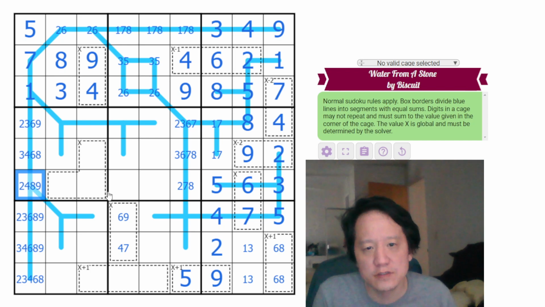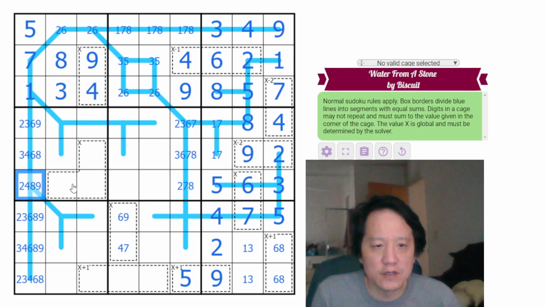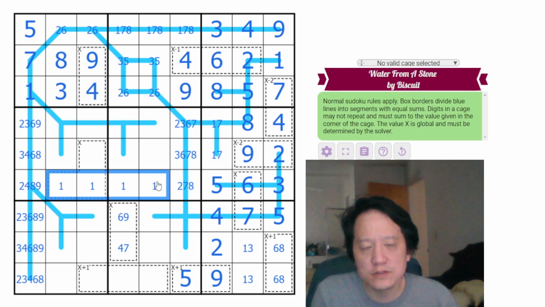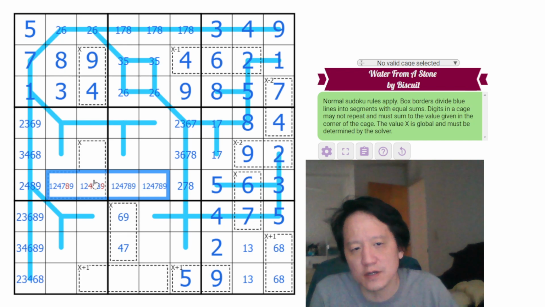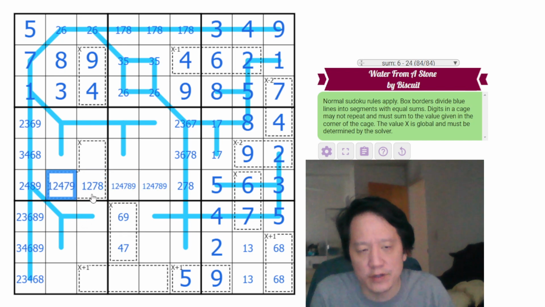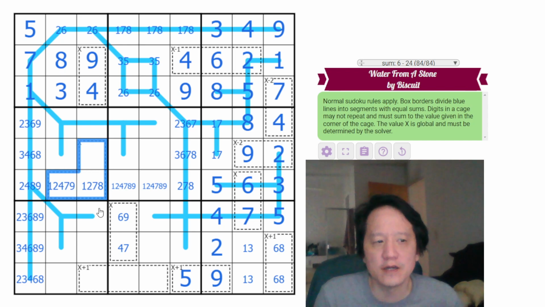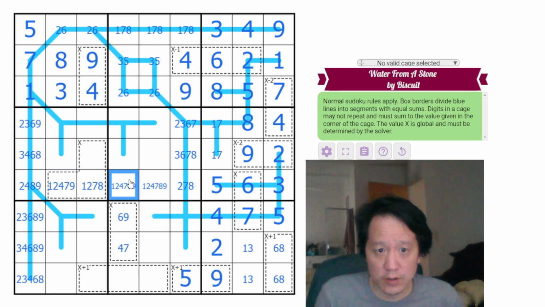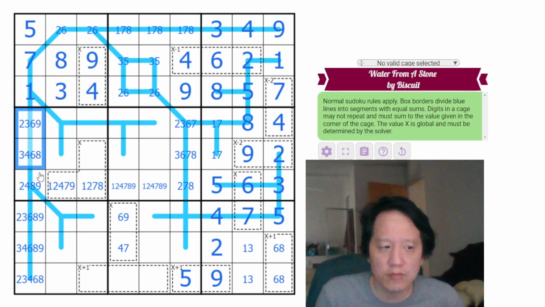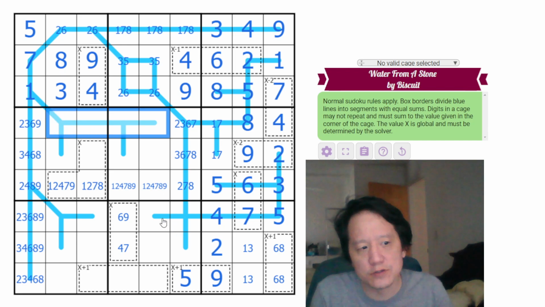This can't be 6. Okay, so we have 1, 2, no 3, 4, 7, 8, 9. So no 4, 9, no 8. So this is 13 that has... Okay. This is 16, this is 16, this is either 8 or 9. So this is 1, 2, 3, no 4, 5, 6, 7, no 8, 9, no 3, no 9.